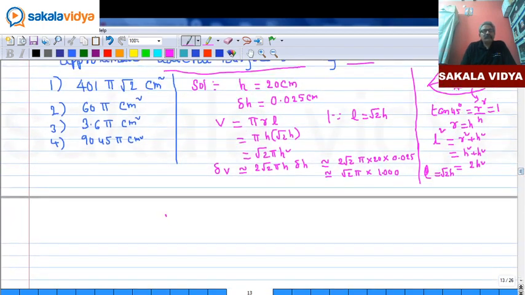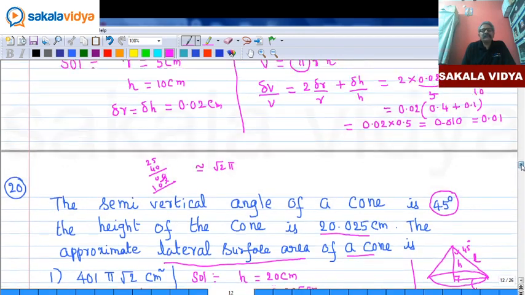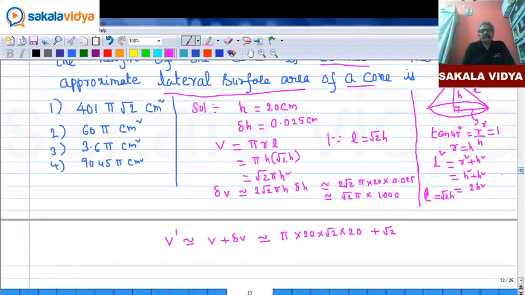So say here V dash is equal to V plus delta V, find out. Approximately equal to V means pi RL, pi into R value is equal to 20, L value is root 2 into H, root 2 into 20, plus root 2 pi, because you see delta V is equal to root 2 pi.